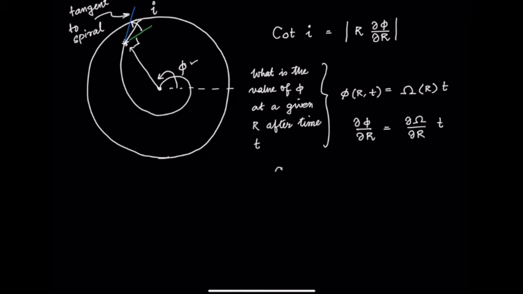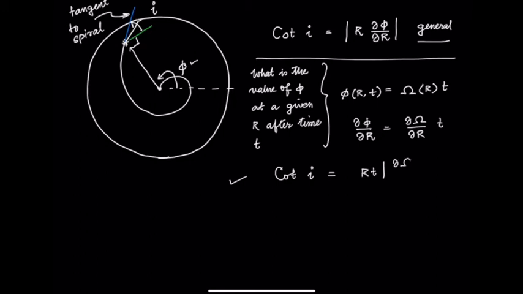So I can now calculate cot I for this assumption. This is a general formula, coming from this assumption of how the spiral arm is created. This will be r times t times modulus of del omega del r.